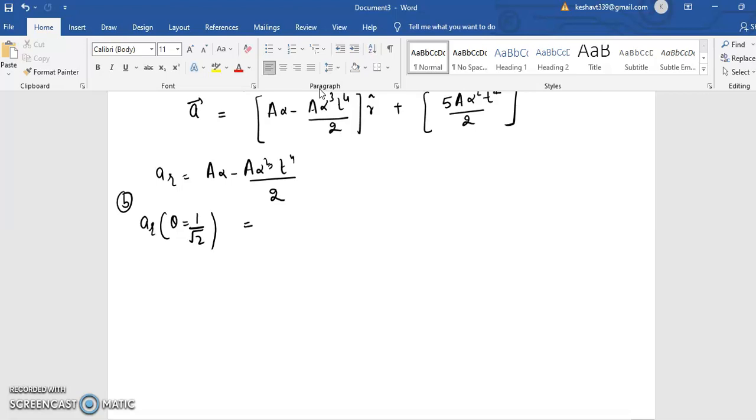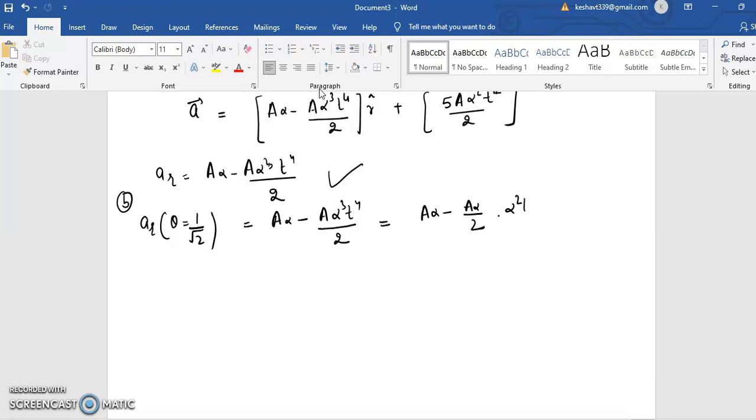So I have to make this expression in terms of theta. This is a alpha minus a alpha cube t power 4 divided by 2, and I can make this a alpha minus a alpha divided by 2.